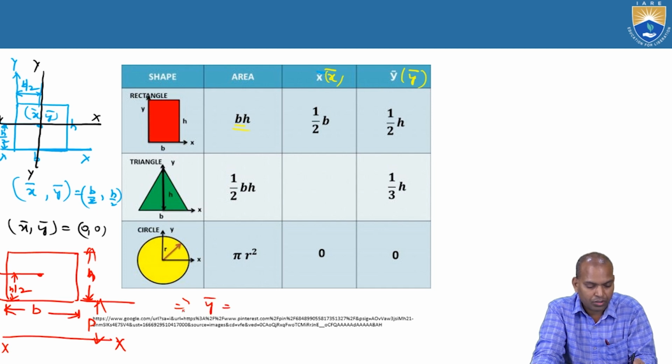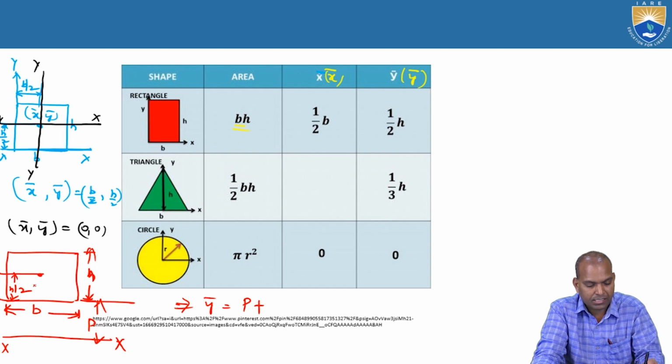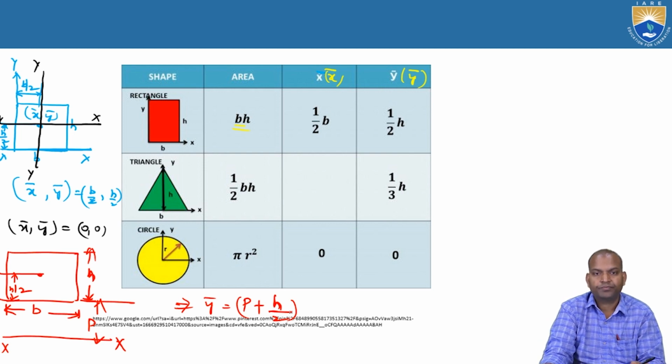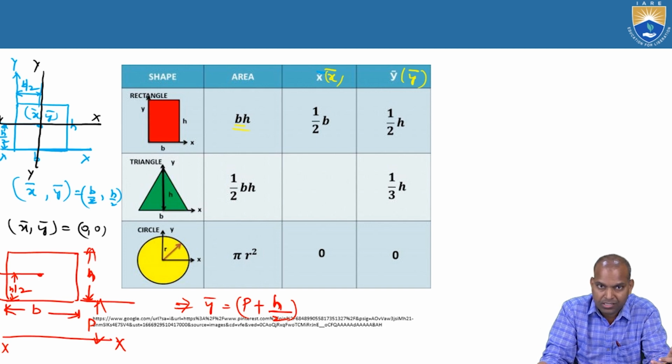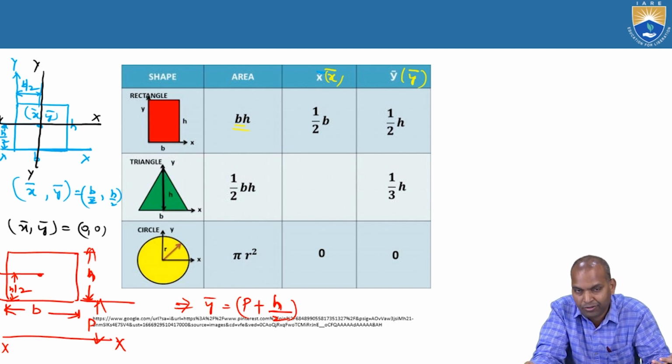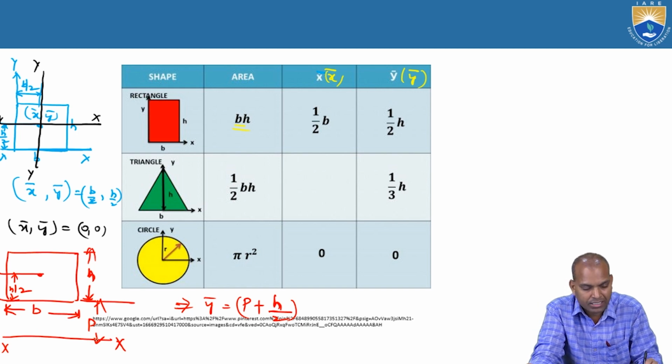Bar Y equals P plus H by 2. We have to know what the reference axis is and what the location of the centroid point is. From this reference axis XX, the centroidal distance of this rectangle is P plus H by 2.